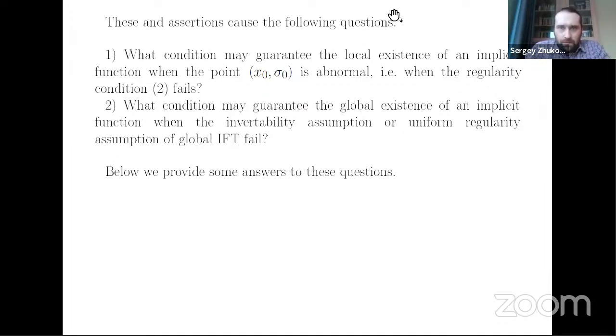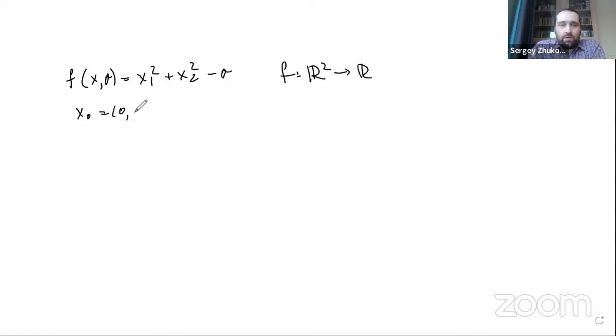Let me write an elementary example. Let f of x, sigma be equal to x1 squared plus x2 squared minus sigma. Obviously, let us take x0 as the zero point of R2 and sigma 0 as 0.